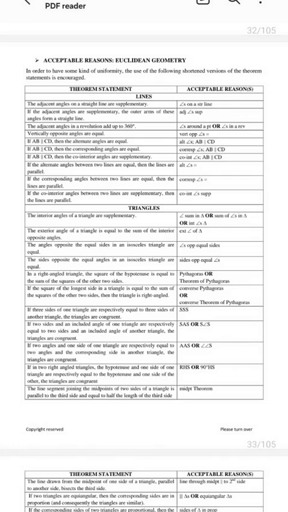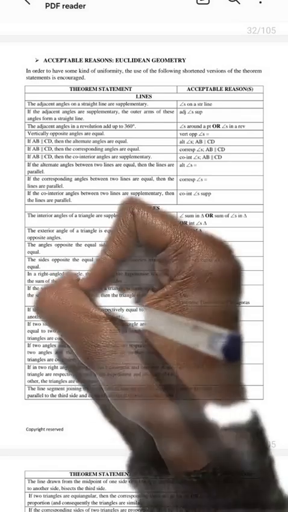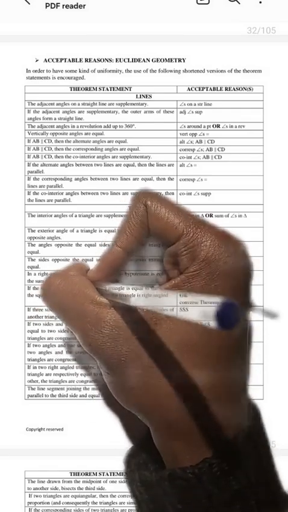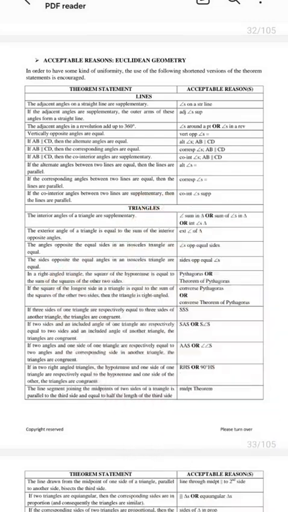Okay, the third statement says, if AB is parallel to CD, then the co-interior angles are supplementary.